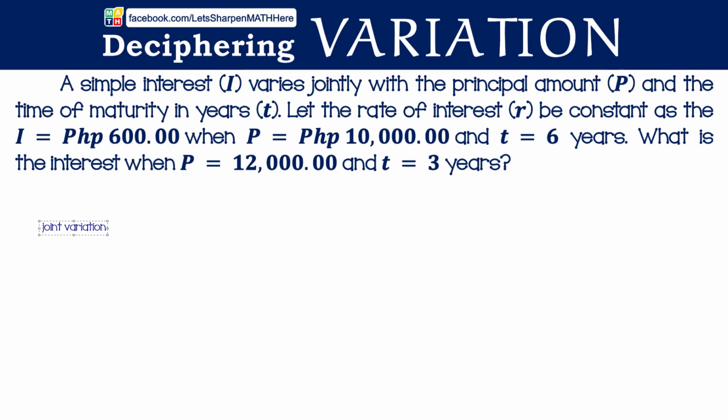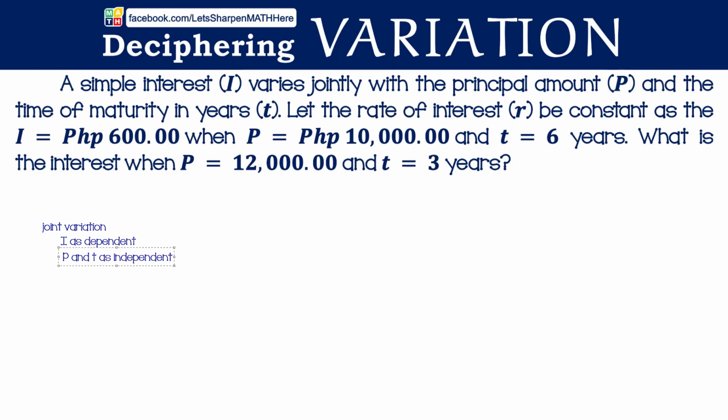Since in this problem we are treating the rate as the constant, both of them are probably forming a direct variation, because there's no statement that the principal or the time in years is inverse. So this is now clear to be a joint variation where, as mentioned, I, or the interest, is our dependent variable, and the principal amount and the time in years are your independent variables.